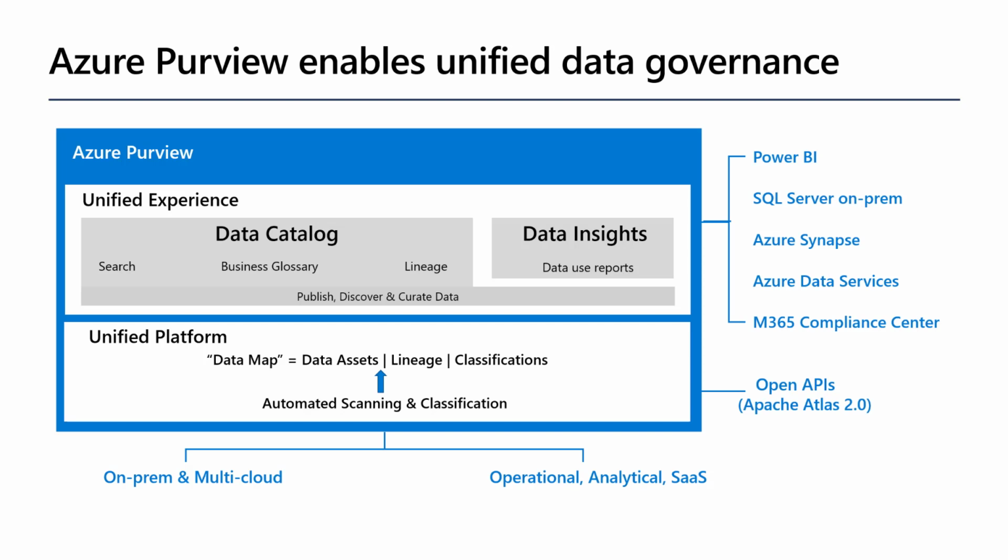So if you're looking at a data source and you see a number, how do you gain trust in the fact that that number is accurate? Seeing the steps and the stages it went through to get where it is is a very key part of data lineage. And then data insights is also a whole bunch of reports that come along with the Purview platform that give you insights into the data, how fresh it is, where it came from, etc.